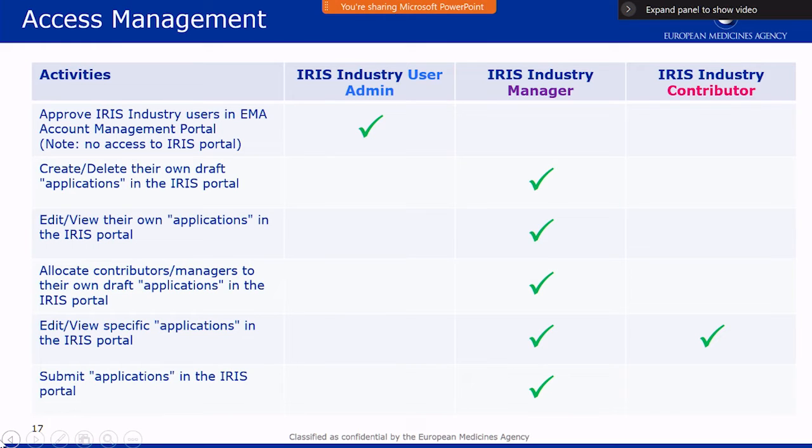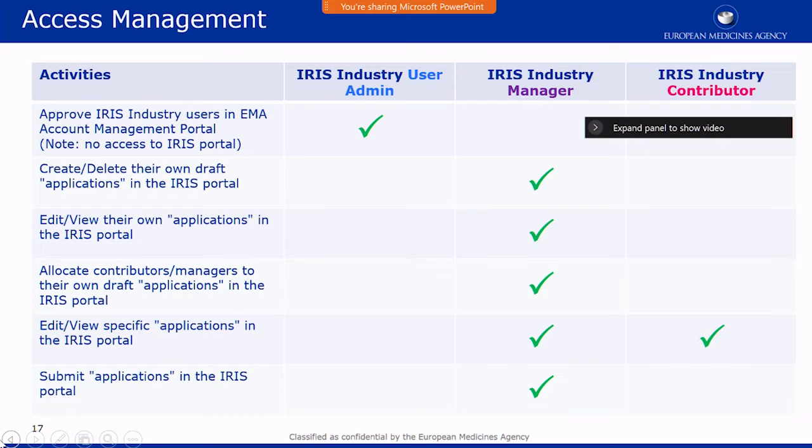Next question. If an organization already has an admin user for IRIS scientific advice, is this person automatically admin for IRIS inspections, or is there an additional step needed? Under the same umbrella, the IRIS administrator can approve requests to access the platform for all the procedures, whether it's scientific advice or inspection.